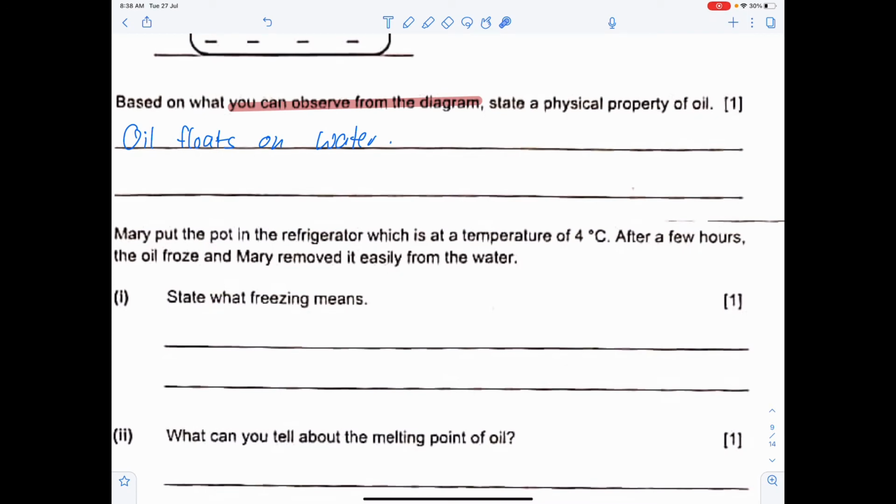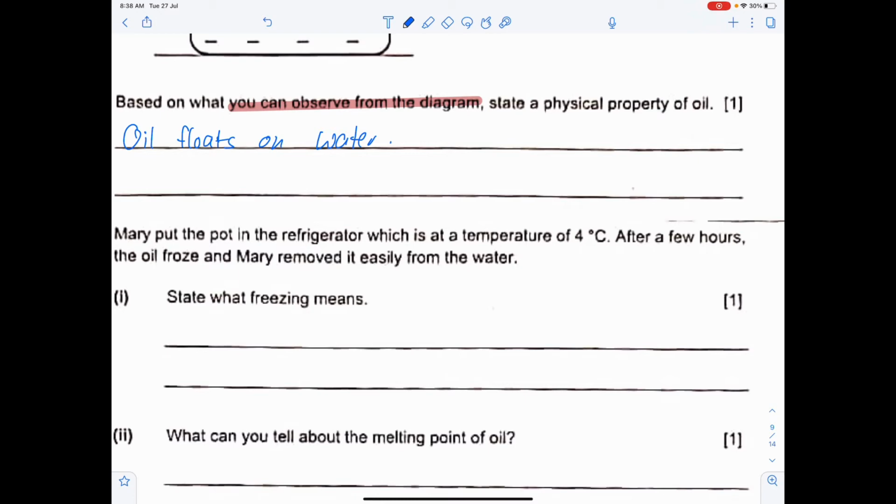So once again, over the years, the PSLE question, they always ask for a definition question at least once. And definition question means there is no way around it. You have to give the exact definition. No second way around it.